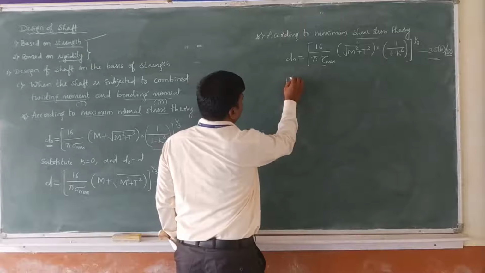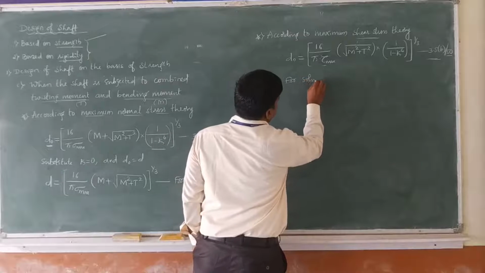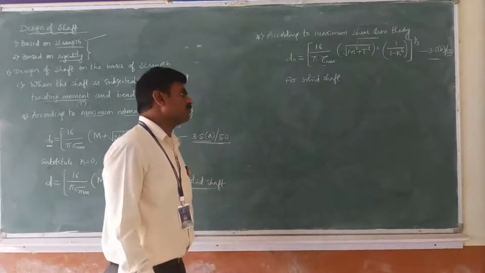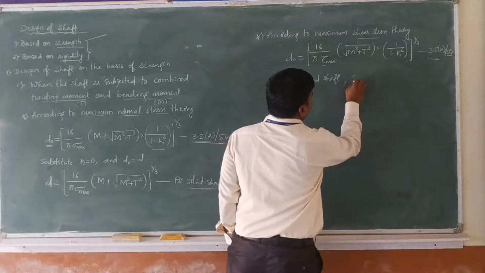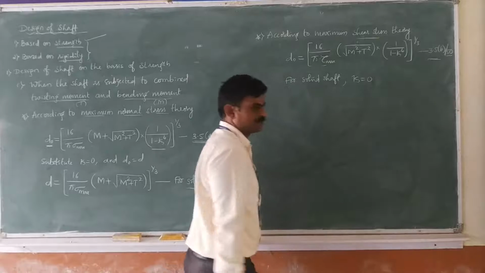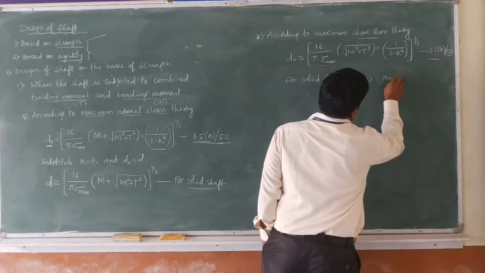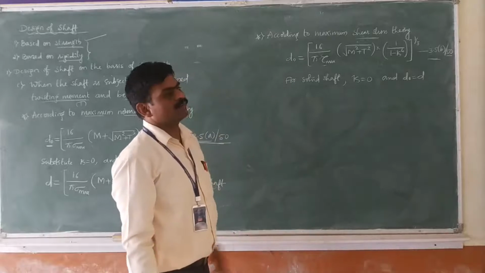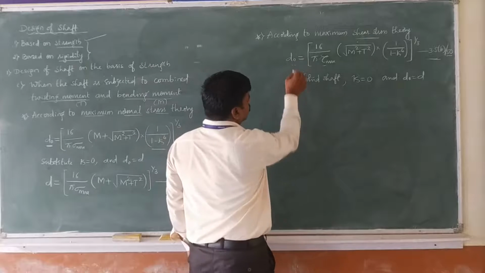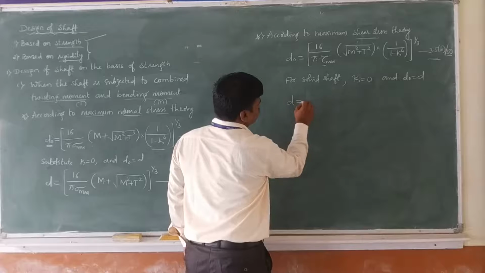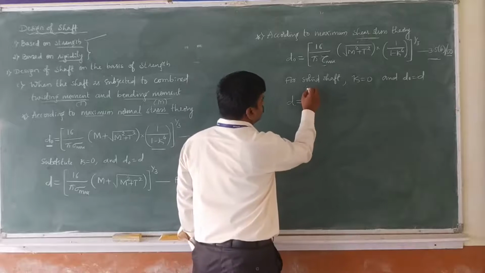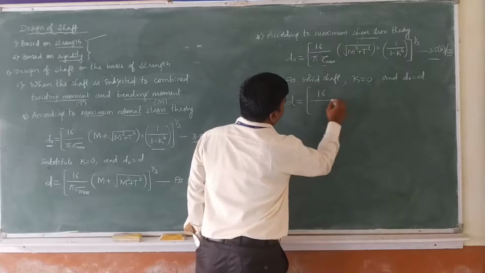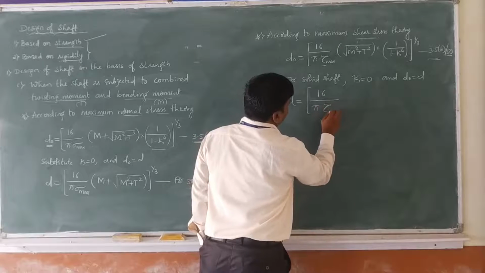So for solid shaft, what do we need to substitute? K is equal to 0 and D naught is equal to D in the above equation. So D naught we are replacing by D. D is equal to, within the square bracket, 16 divided by pi tau max.